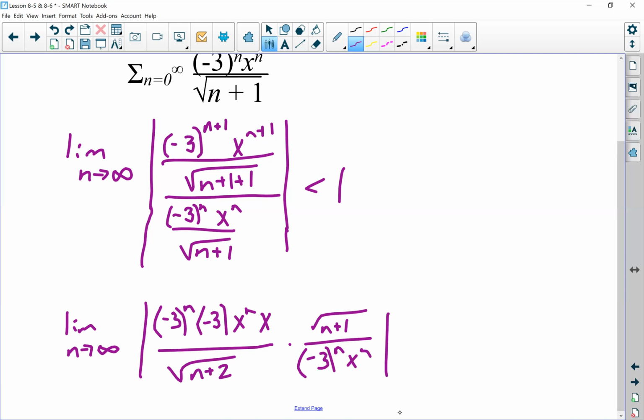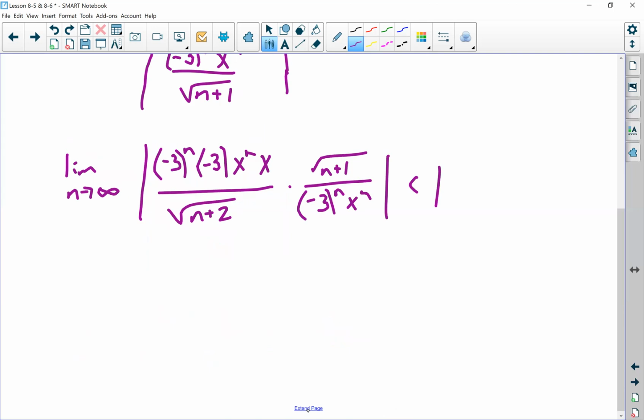Rewrite that rational expression as the product of the numerator times the reciprocal of the denominator. And you'll notice I already broke things apart. -3 to the n plus 1 is -3 to the n times -3 to the first. x to the n plus 1 is x to the n times x. And n plus 1 plus 1 is n plus 2.